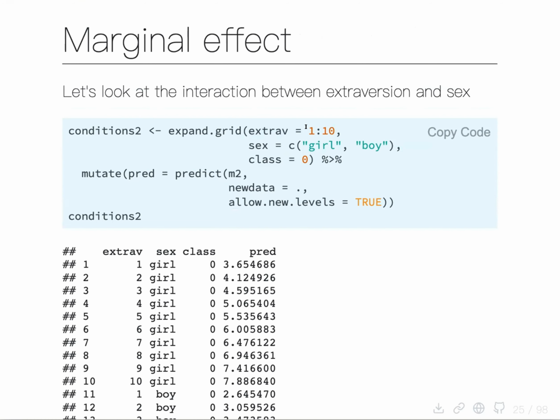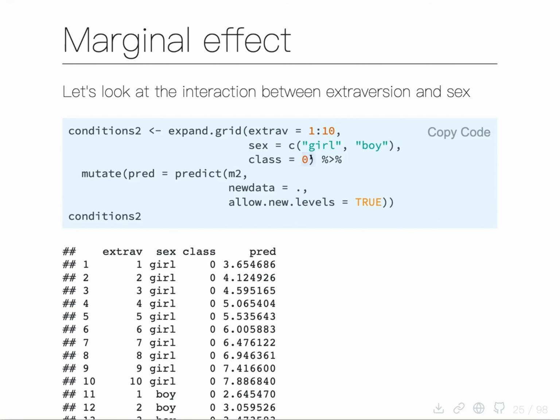So what I'm doing here is expand.grid again. I'm saying extroversion is 1 to 10, sex is girl and boy, and class is 0. Last time I did negative 999, you could do that also. Anything that is not in your data. What this will do is give me 1 to 10 for girl and class 0, and then 1 to 10 for boy and class 0.